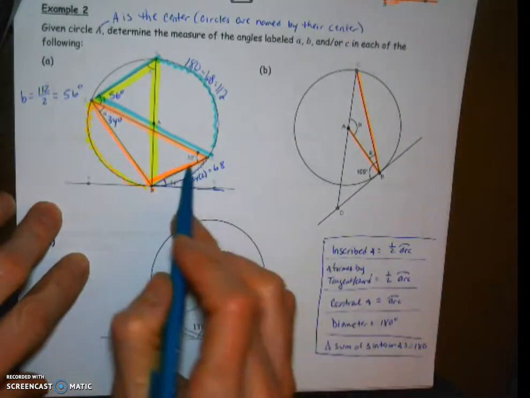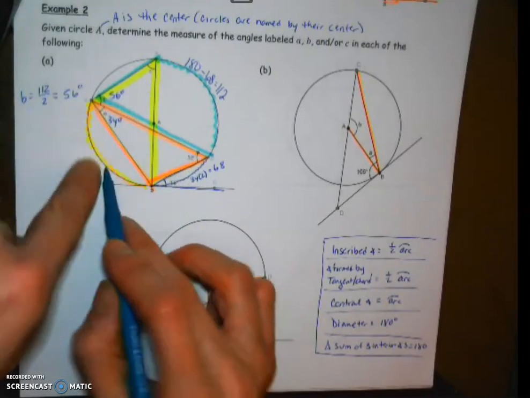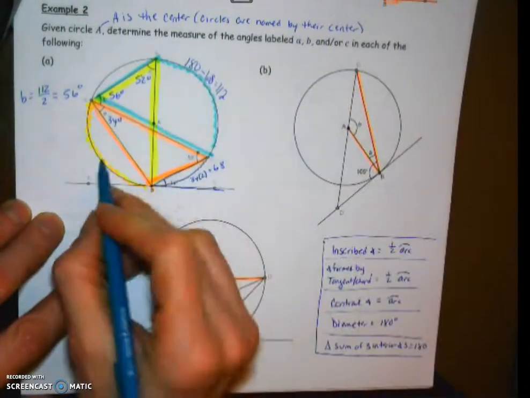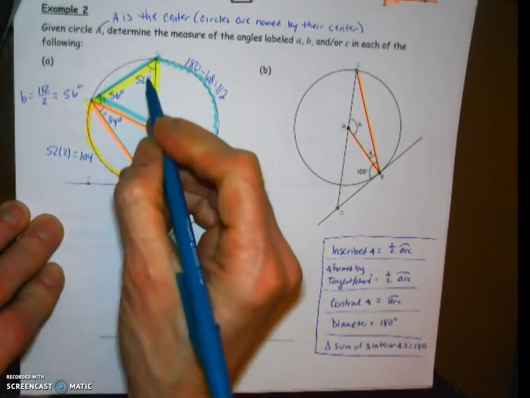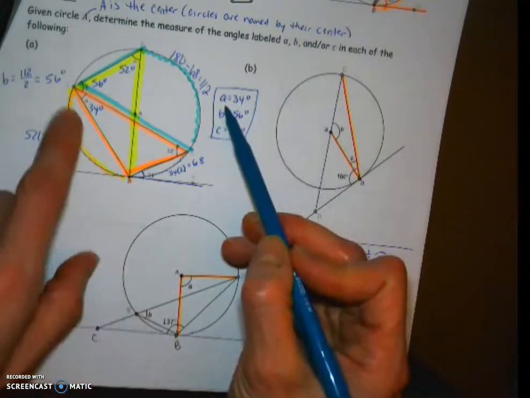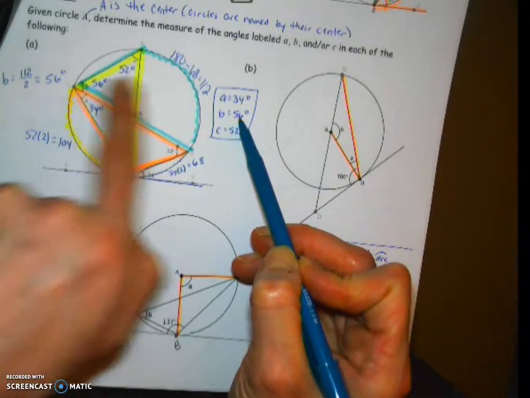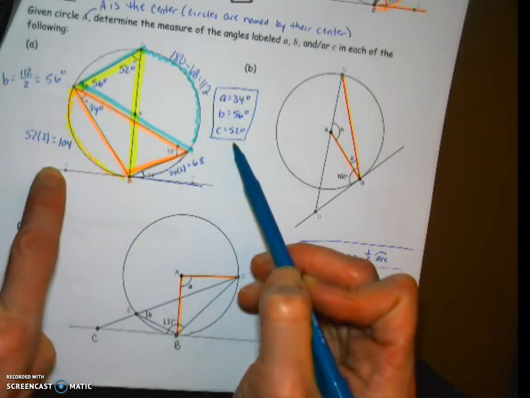So therefore, I know that these two inscribed angles are going to intercept the same arc, which means angle C is also going to be 52 degrees. Or you could have said 52 times 2 is 104, and then angle C is half of 104, which is 52. So to recap, angle A is 34 degrees, angle B is 56 degrees, and angle C is 52 degrees. They're all half of the intercepted arc.